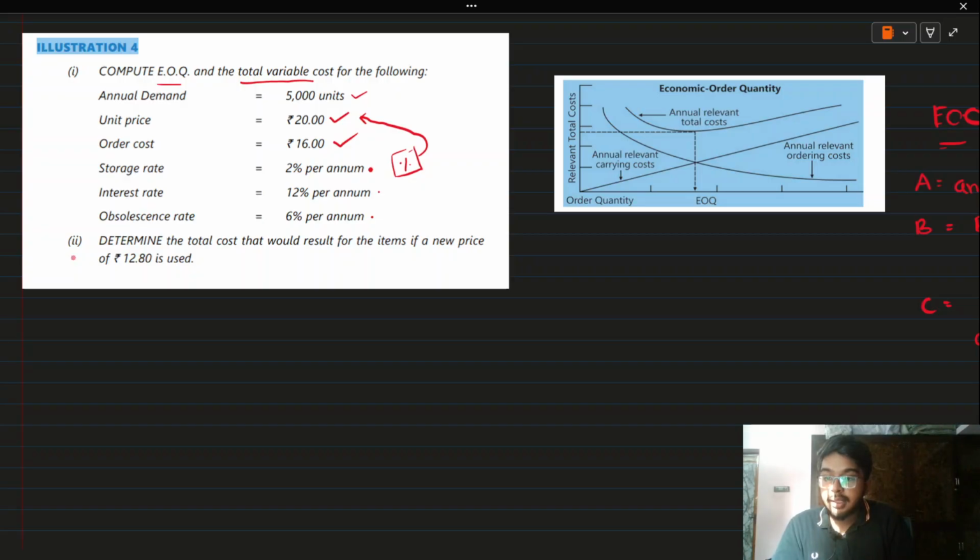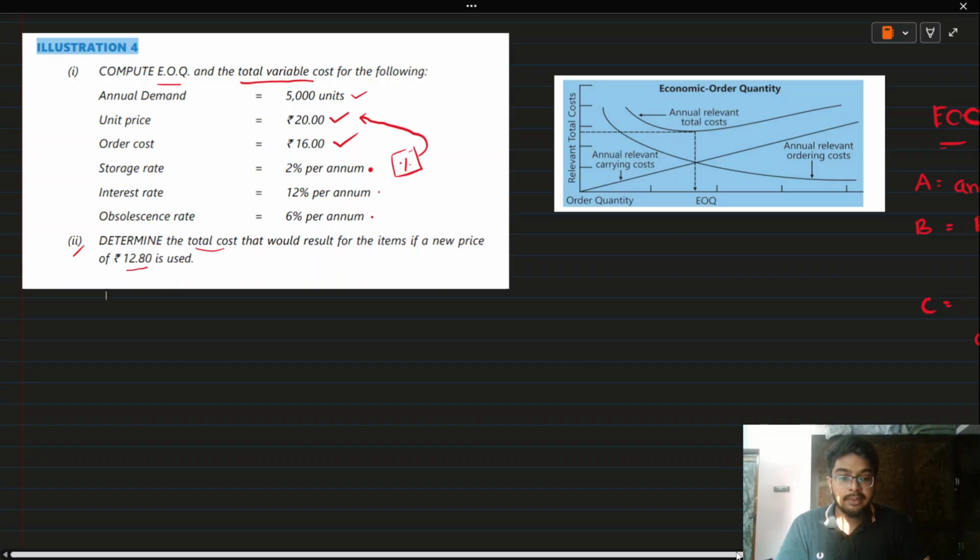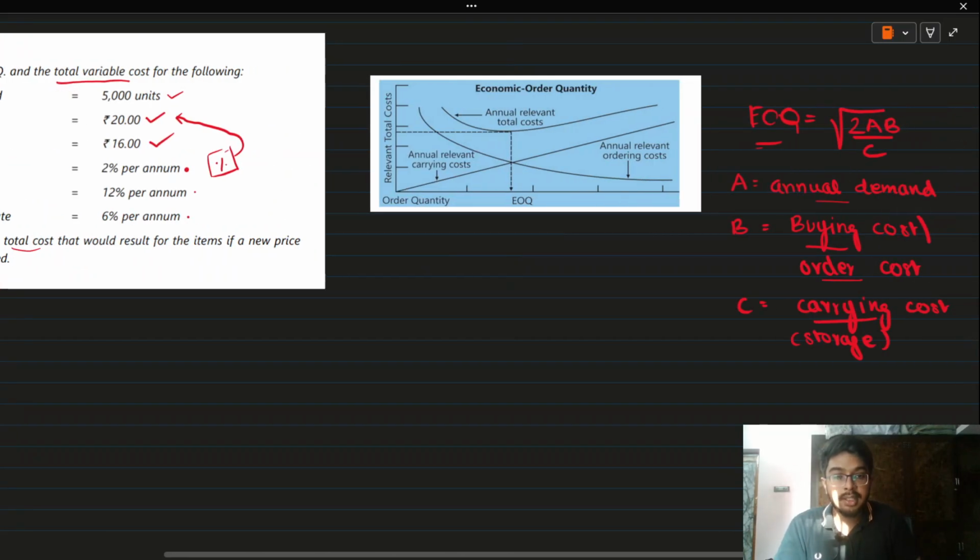And in the second part, we have to find total cost if 12.8 rupees is the purchase price or unit price. Okay, let's refresh our concept a little bit. What is EOQ? EOQ is the equilibrium point at which annual carrying cost and annual ordering cost together is the lowest.